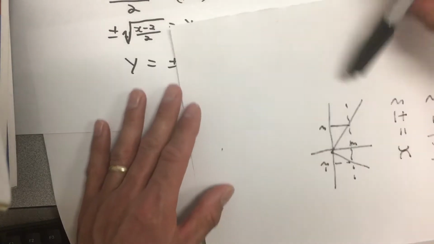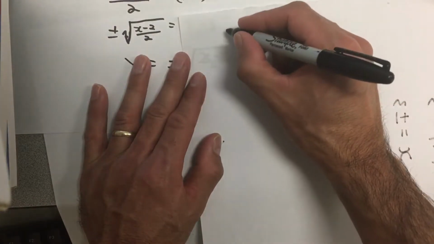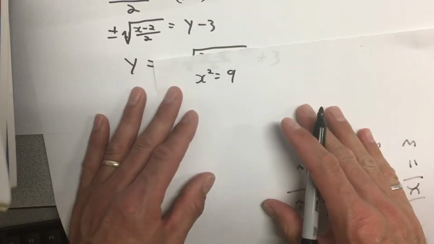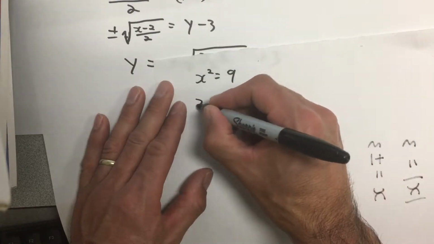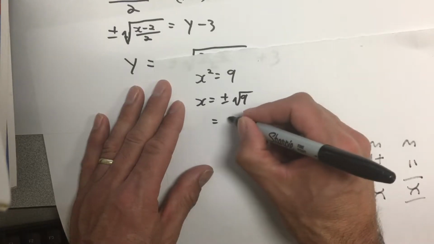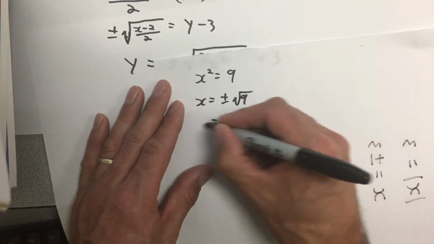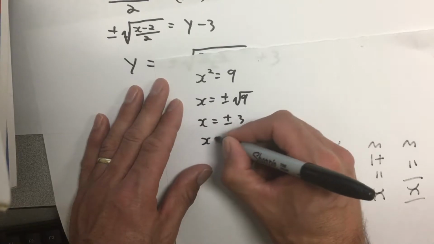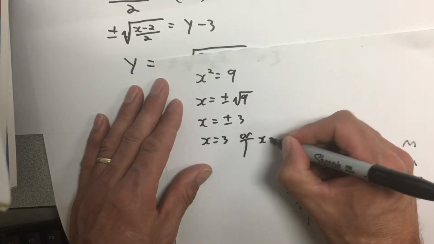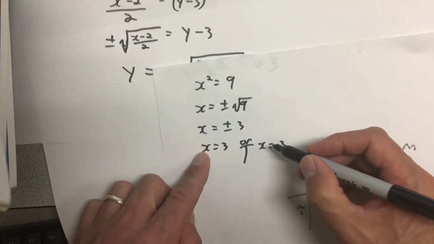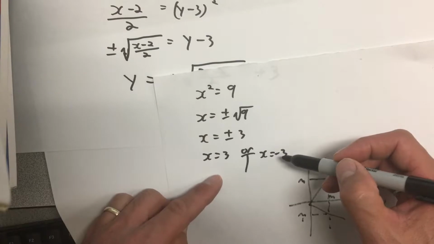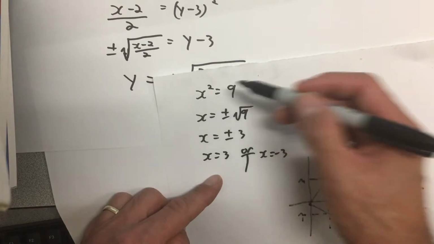So consider x squared is equal to 9. x is equal to plus or minus the square root of 9. That is, x is plus or minus 3. Because if x is 3 or if x is negative 3, either way, when you square either of those numbers, you get 9. So they're both valid solutions to this equation here.